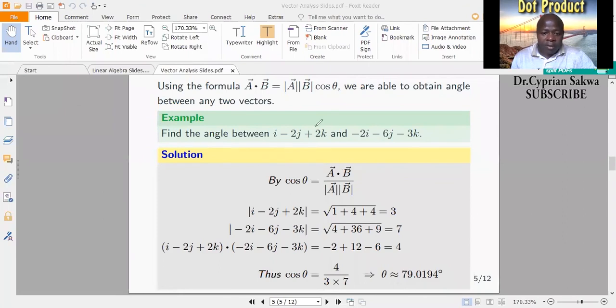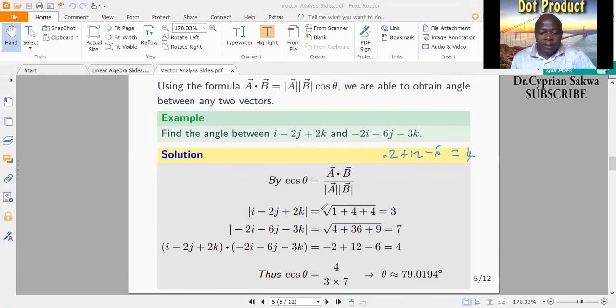So A dot B is 1 times negative 2, which is negative 2. And then negative 2 times negative 6, which is 12. And then 2 times negative 3, which is negative 6. And this gives you 4. Then what about the magnitude of this vector?